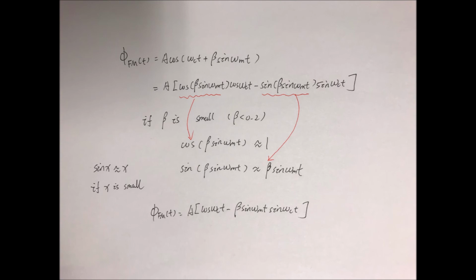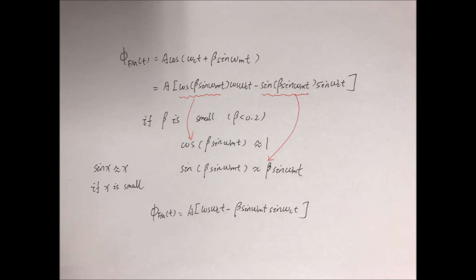Now cosine beta, sine omega m of t is the phase of your cosine. So it is very complicated. For something like this, we use a Bessel function to express it.